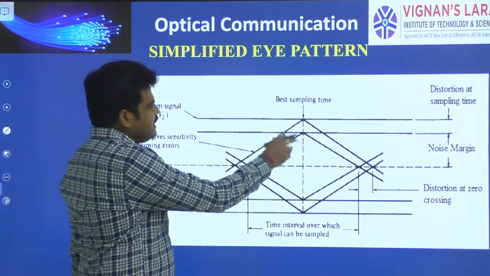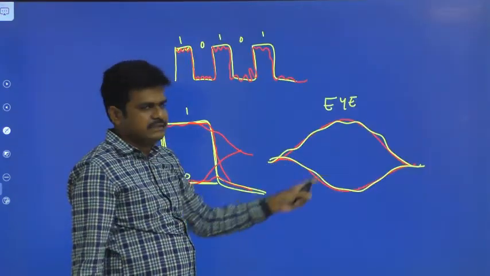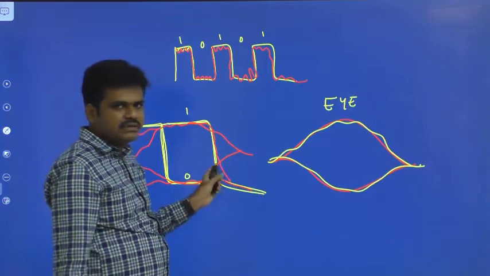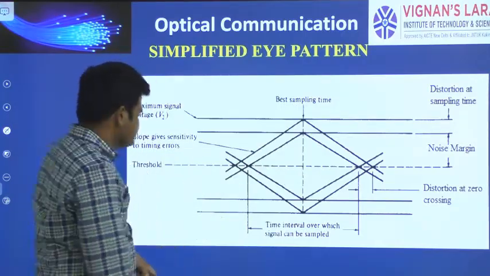So this is the simplified eye pattern diagram. Actually, an eye pattern diagram looks like this or like this, but we made it simple like this.